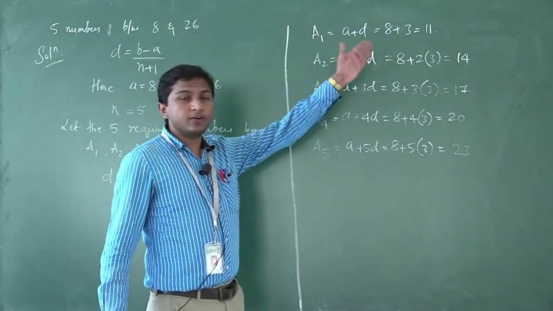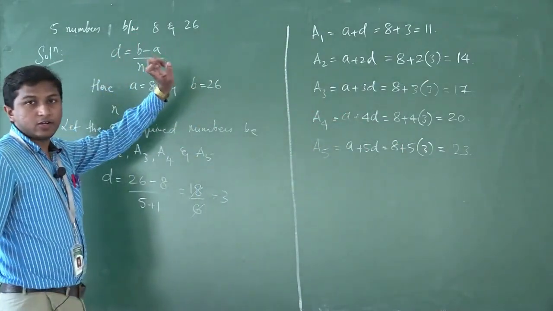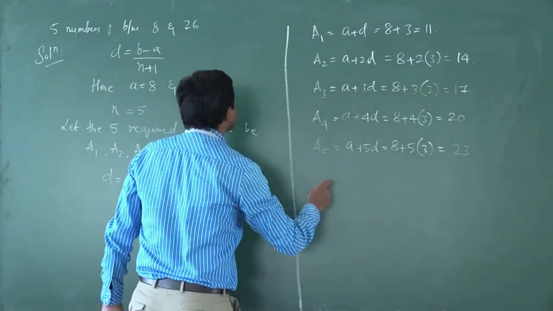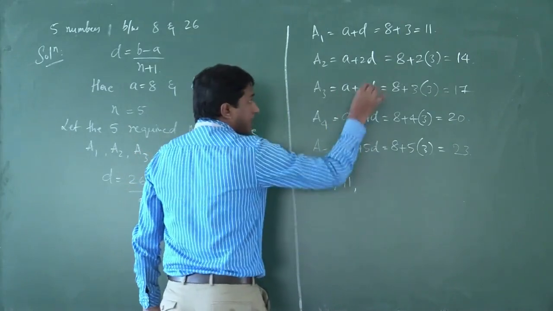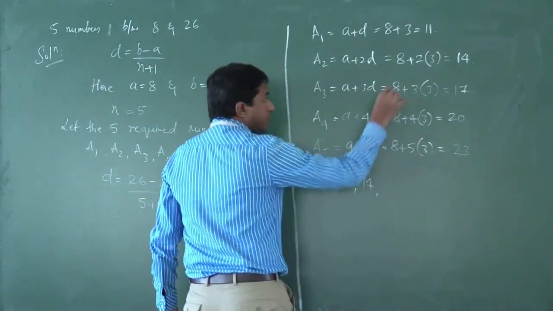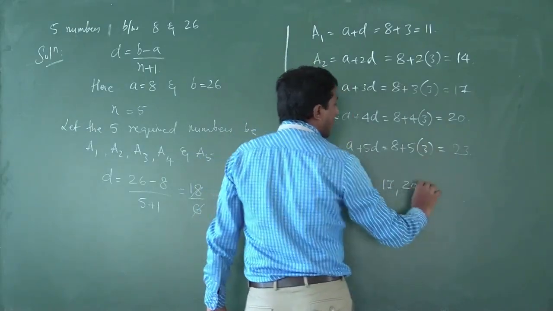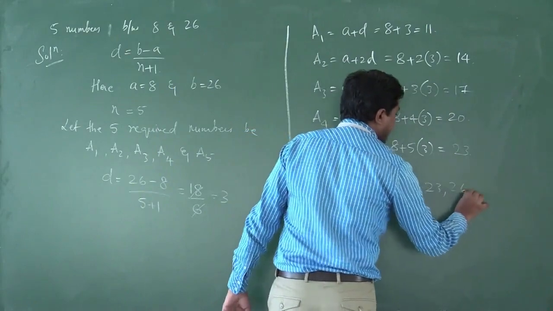So these are the 5 numbers to be inserted in between 8 and 26. So what will be the resulting sequence? 8, 11, 14, 17, 20, 23, 26.